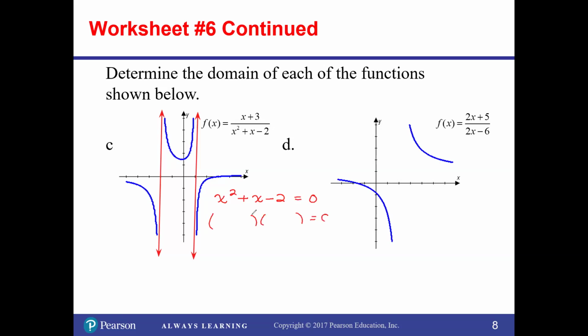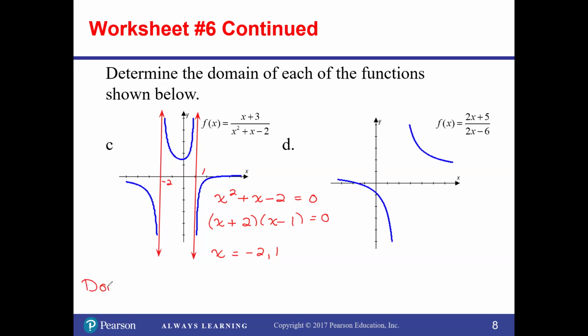I need to factor this, meaning I need 2 numbers that multiply to give me -2, but add to give me 1. So that would be x plus 2, x minus 1. So the zeros I would have would be -2 and 1, which is what we see here. So this one matched up pretty well.